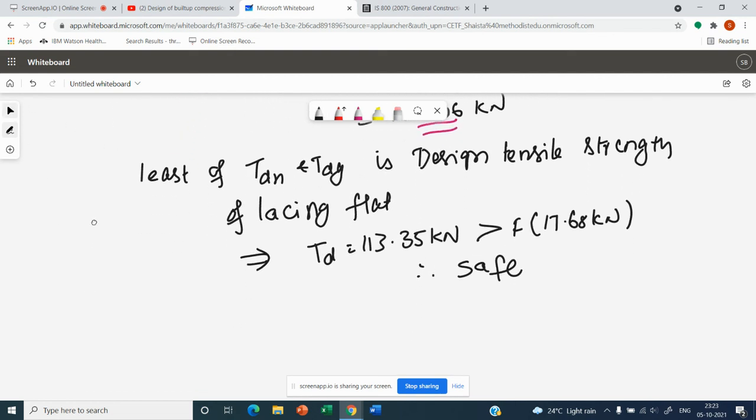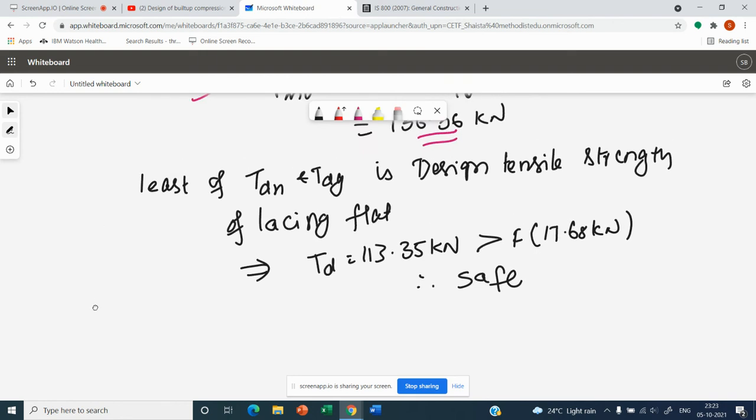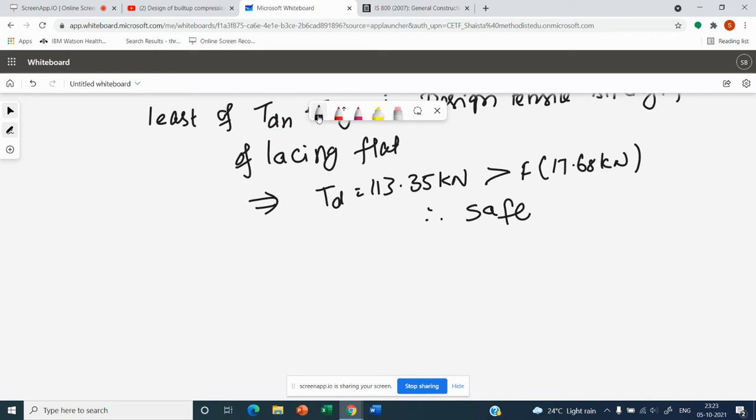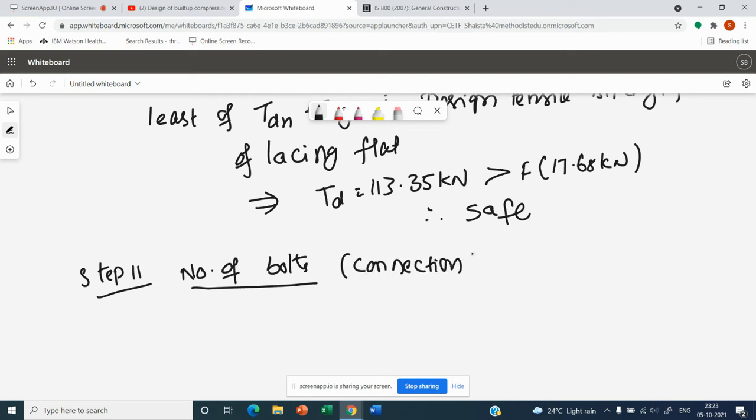Our next step was step 11, number of bolts. That is the connection design. Step 11 was design of connections.